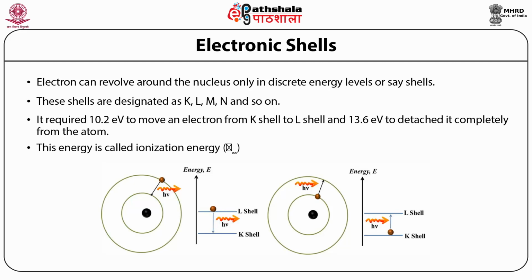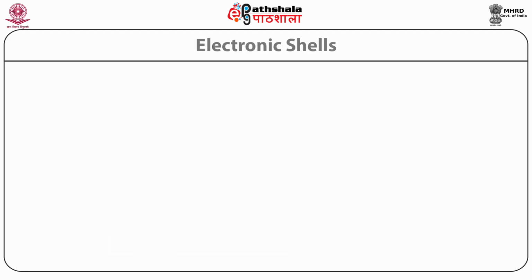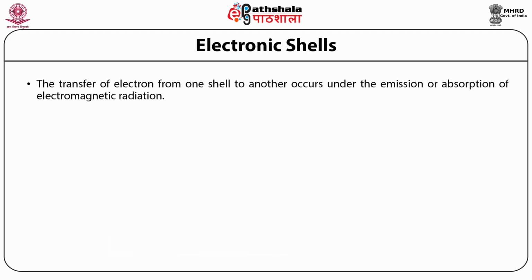This energy is called the ionization energy or E infinity. The transfer of an electron from one shell to another occurs under the emission or absorption of electromagnetic radiation.